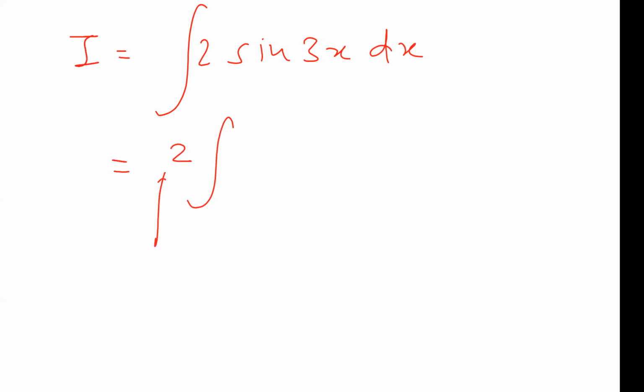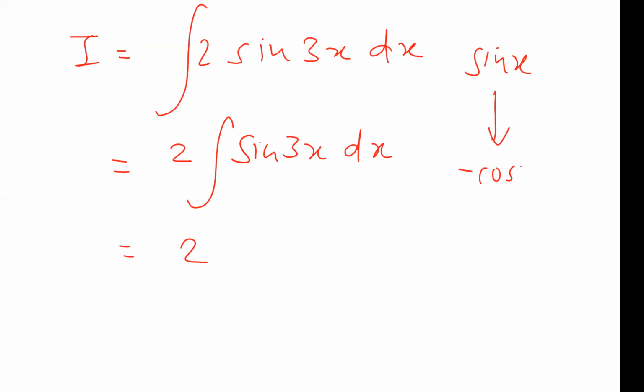Integration of 2 sine 3x dx. So 2 being a constant, I will take it outside. Only a constant can come outside the integration sign. You cannot take the variable term outside. The variable is x. So sin x integration is minus cos x.